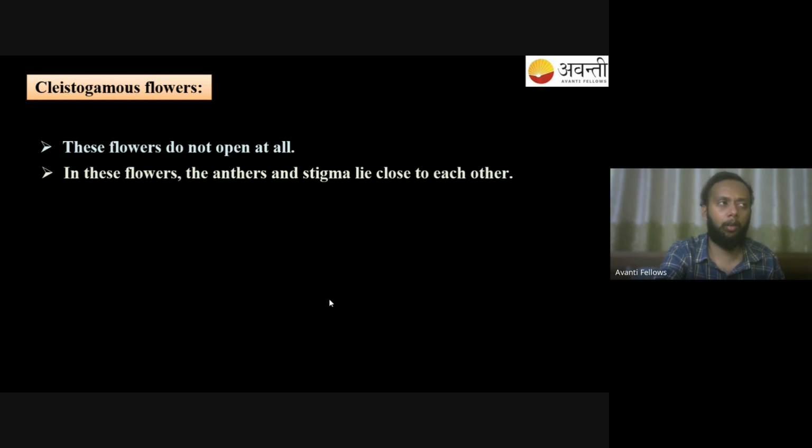And these flowers also show like they are in the bud state, but they also open. It's not like they remain in the bud state all the time, they also open as well. So you can find some flowers showing cleistogamy, some flowers showing chasmogamy. वो आपको यहाँ पे example दिखेंगे, they are the example of cleistogamous as well, right? देखो यहाँ पे the anther and stigma lie close to one another, right?